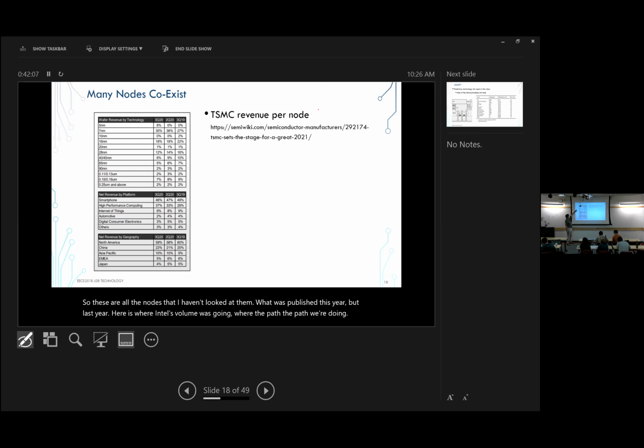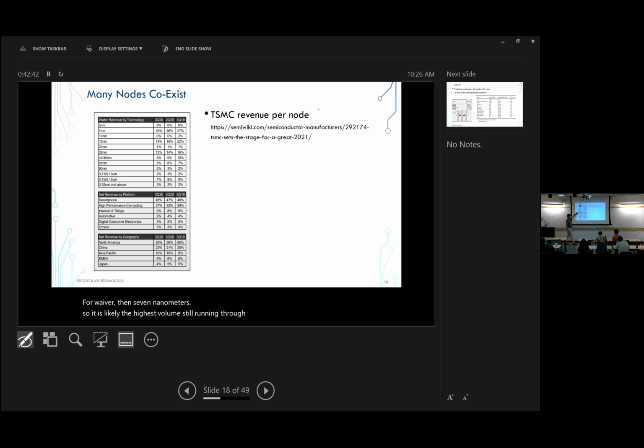The largest wafer revenue was in the 7 nanometer node. But the largest volume, they haven't published, but most likely 28 nanometers. Because remember, 28 nanometers is about 4 times cheaper per wafer than 7 nanometers. So it is likely the highest volume still running through 28 nanometers.